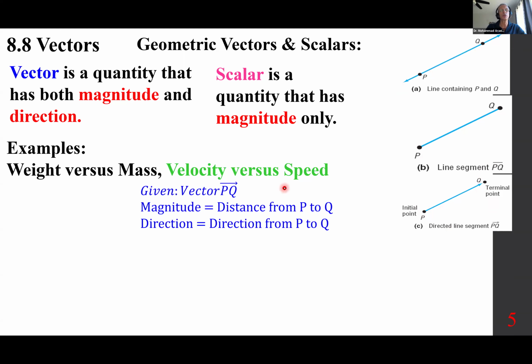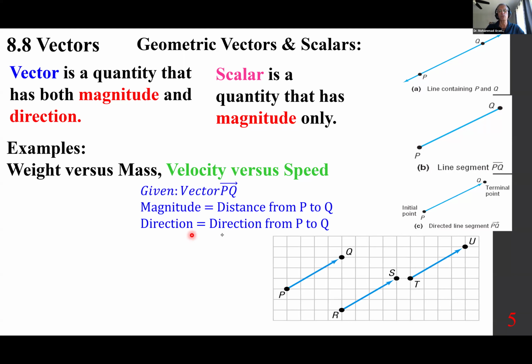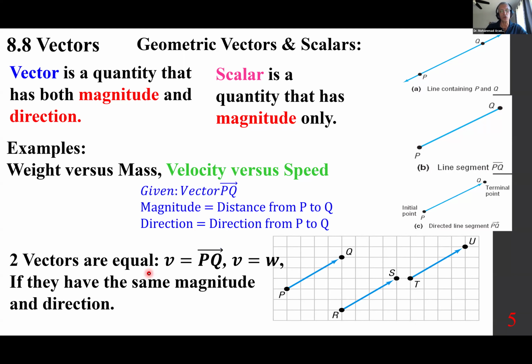For a given vector PQ, the magnitude is the distance from P to Q, and the direction is the direction from P to Q. Vectors are equal, v equals w, if they have the same magnitude and direction. So if you look at PQ, RS, TU, they're the same because they are parallel and they have the same magnitude, and of course the same direction.